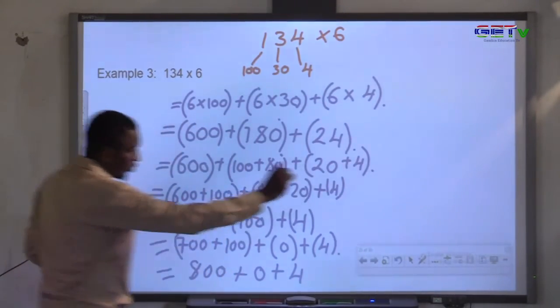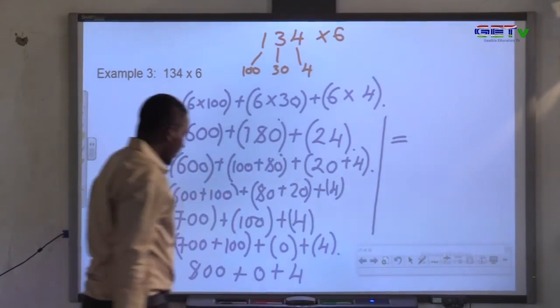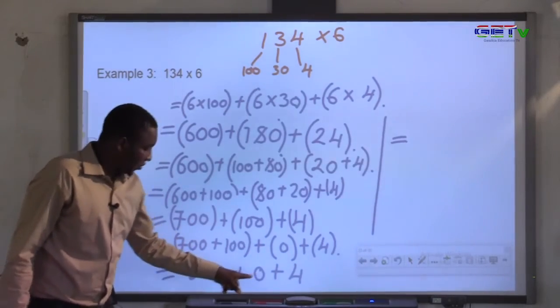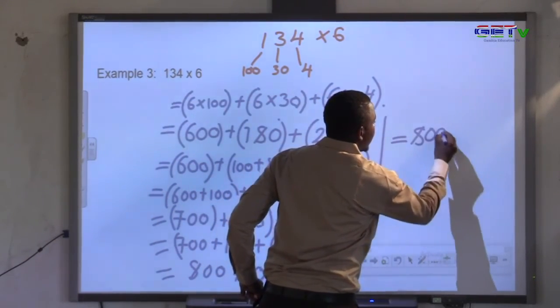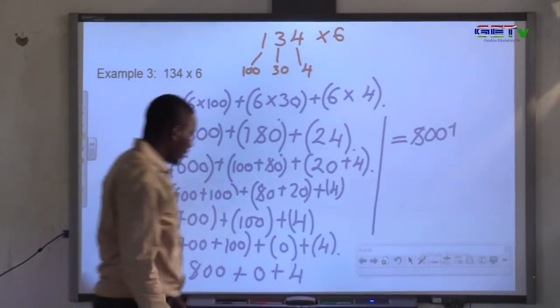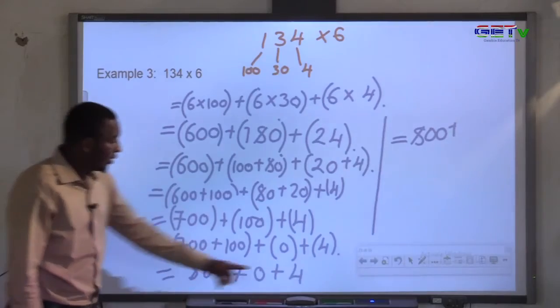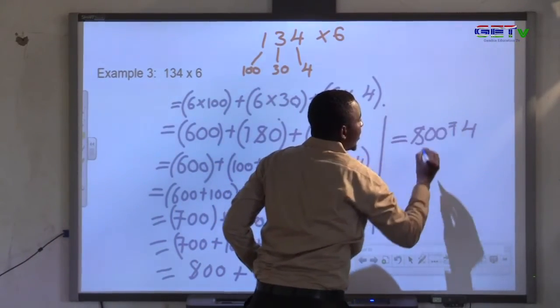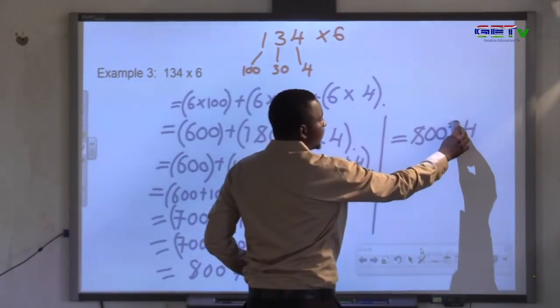So I'm going to continue the working here. 800 plus 0 is just 800. If you add 800 and 0, it's just going to give you 800, plus the 4 you are left with.